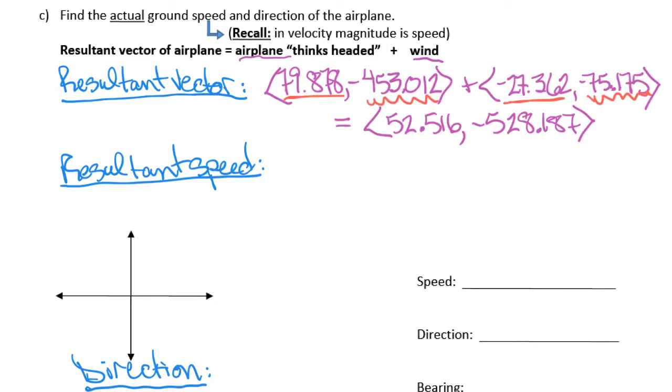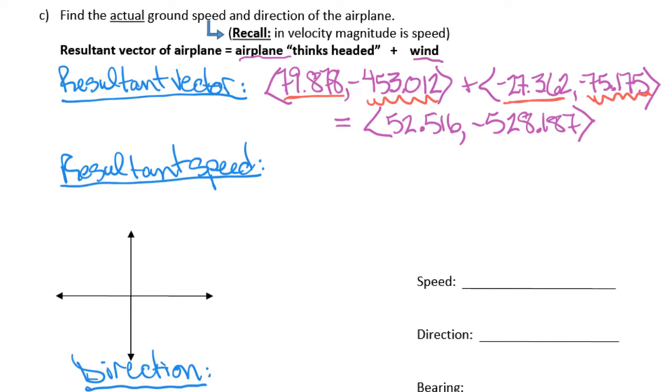Looking at the plane component and the wind component, adding like terms, I'm going to add my two x components together, I get 52.516. Adding my y components, I get negative 528.187.